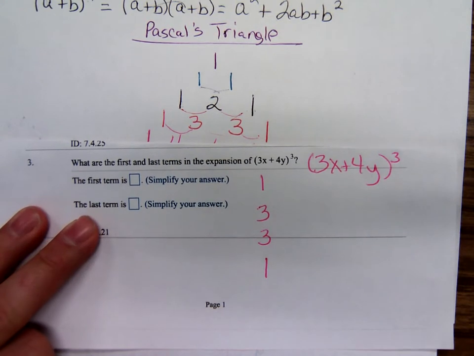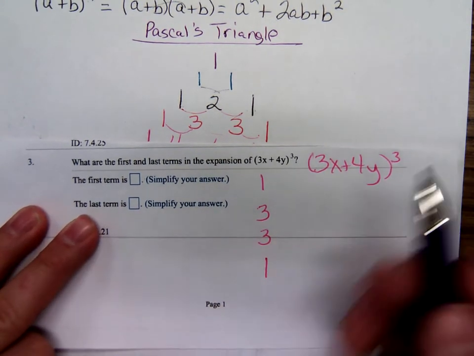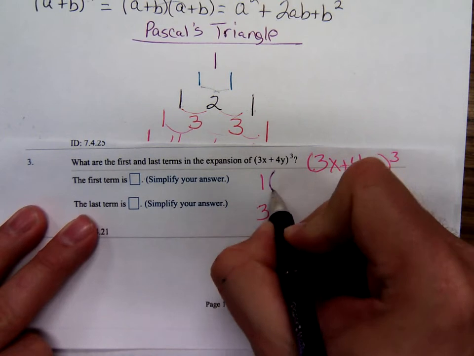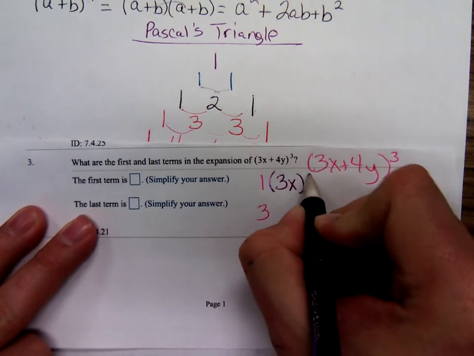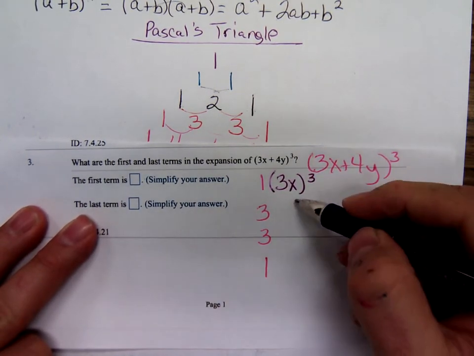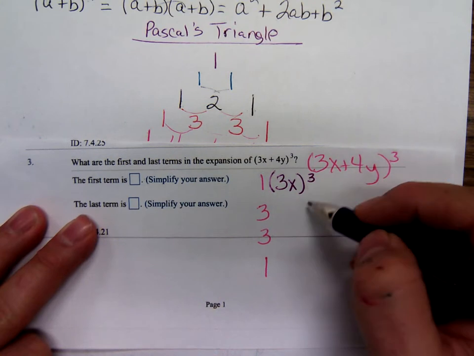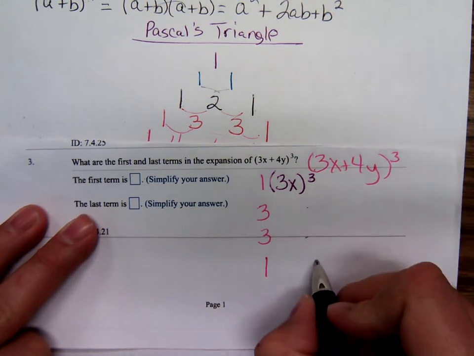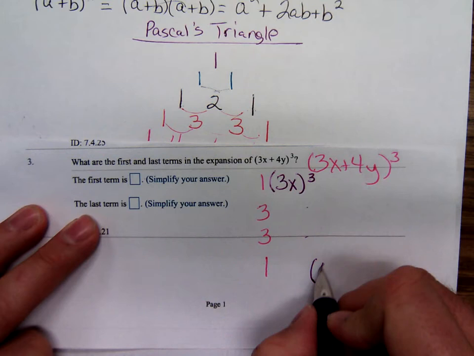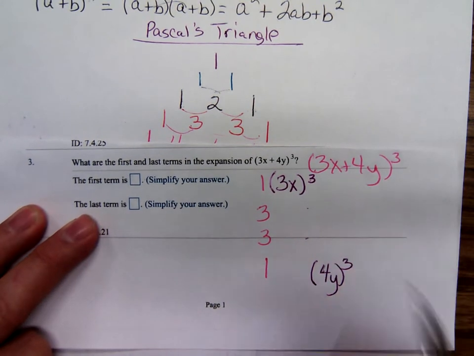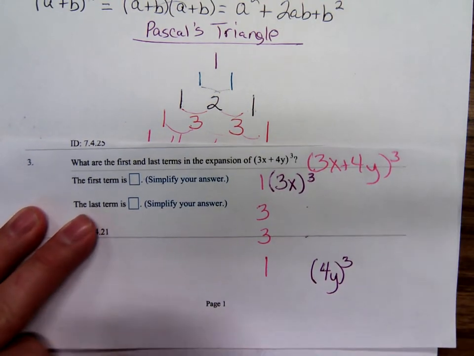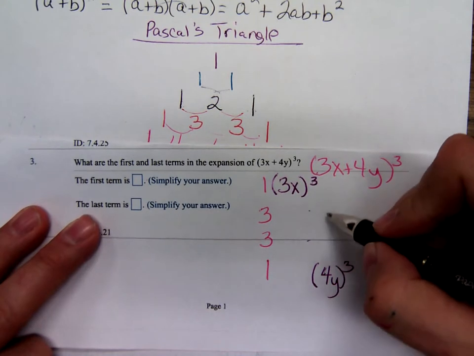This was only asking for the first and last. So the first would be 3x to the third, and then 3, 2, 1, and the last would be 4y to the third. And then it would go backwards.